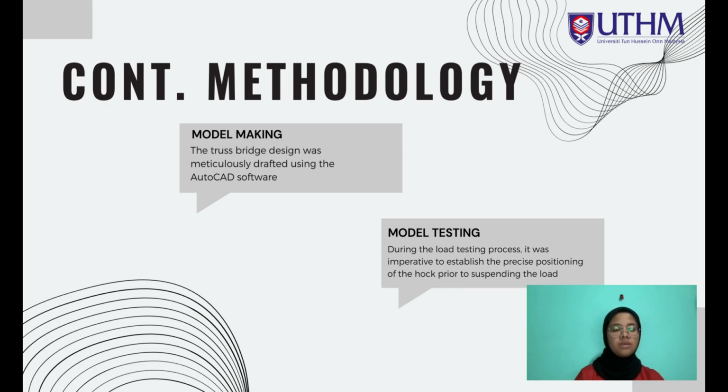During the load testing process, it was imperative to establish the precise positioning of the hub prior to suspending the load. This precautionary measure was undertaken to guarantee a uniform distribution of the load across the entire bridge structure. Both the success and the failures were documented for possible additional investigation in the future.